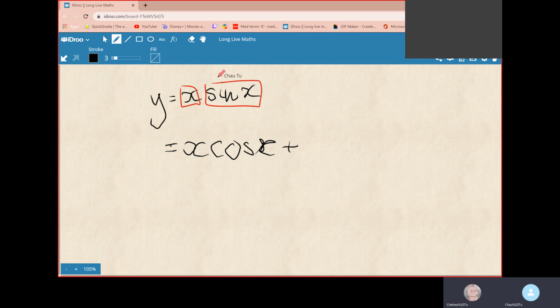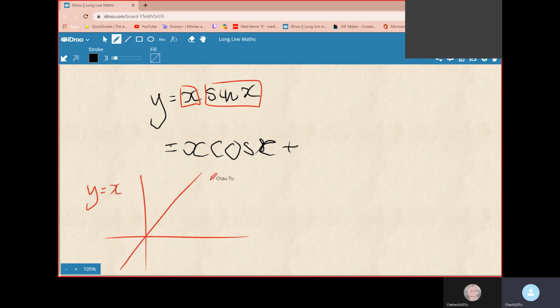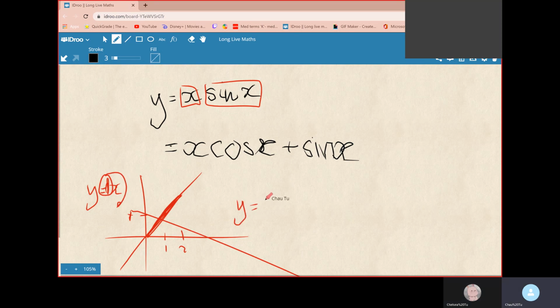How do you differentiate x? If you look at the graph of y equals x, it's a diagonal line at 45 degrees, so it has a gradient of 1. When you differentiate y equals x, it's just 1.